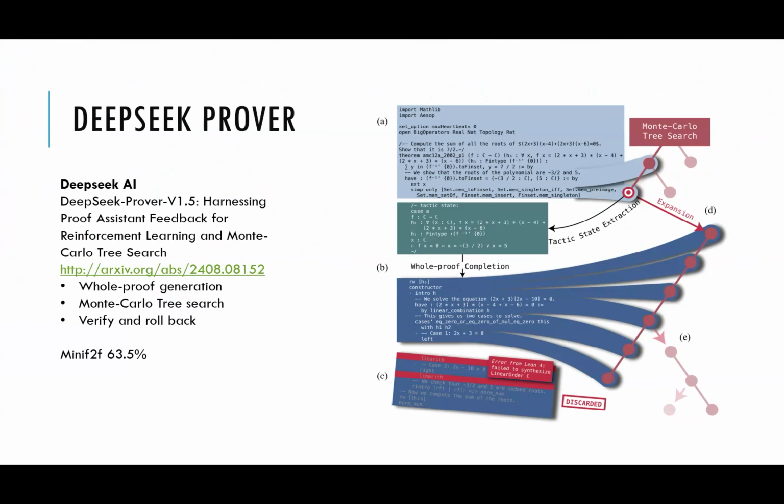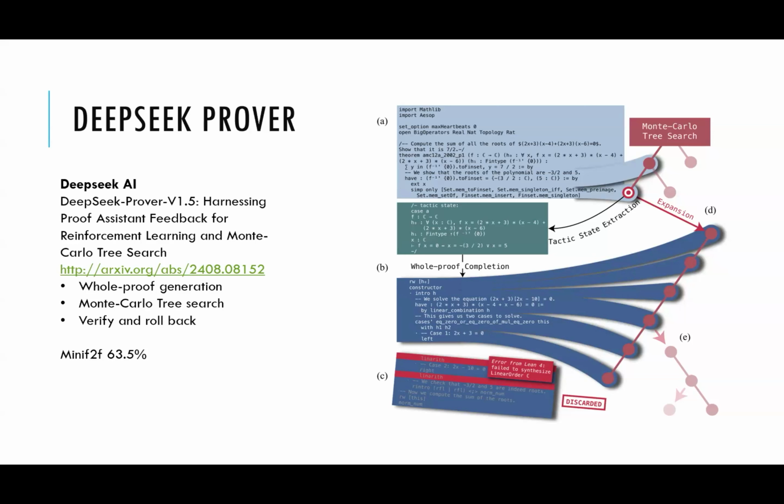So it's actually a different way of tree search, but it turns out this tree search method works very well. It uses a special kind of tree search called Monte Carlo tree search, which means you first do the simulation, you randomly select the leaves and nodes, and then use your experience to optimize your proof generator.